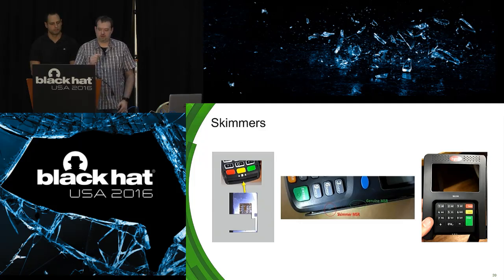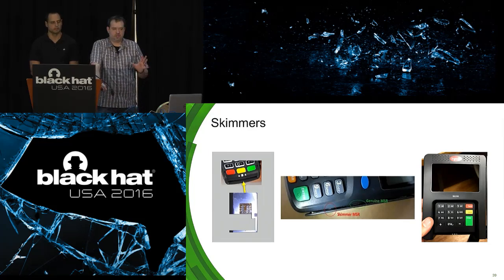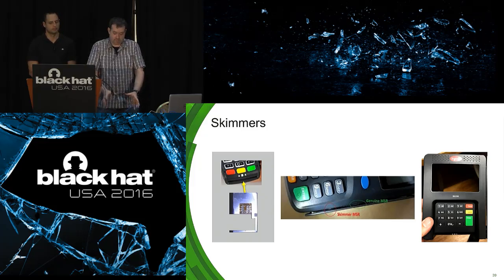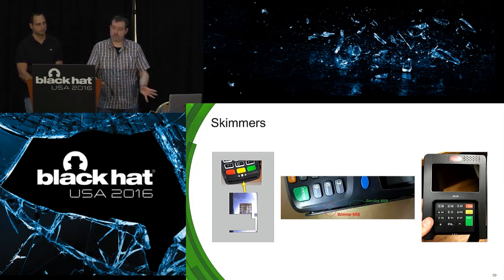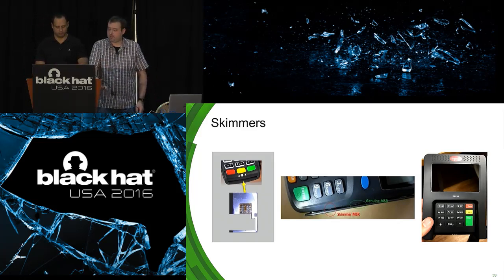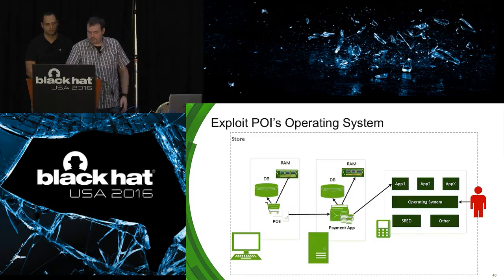Some of these are incredibly advanced at this point, like the one on the far right. If it was sitting here, I would probably not be able to tell the difference between a pin pad with that overlay on it or just a regular pin pad. They're pretty advanced.